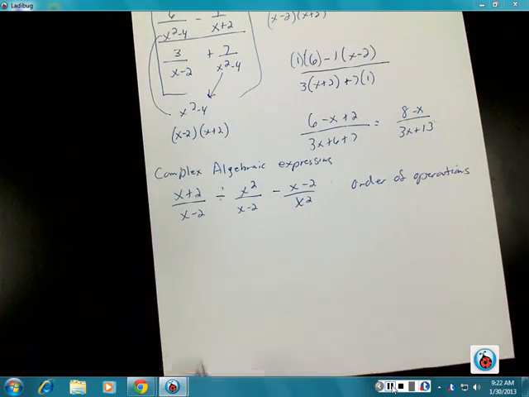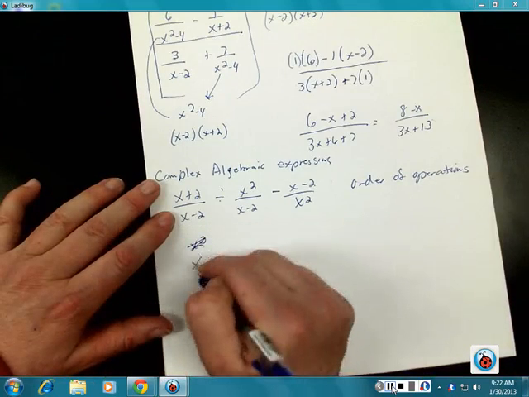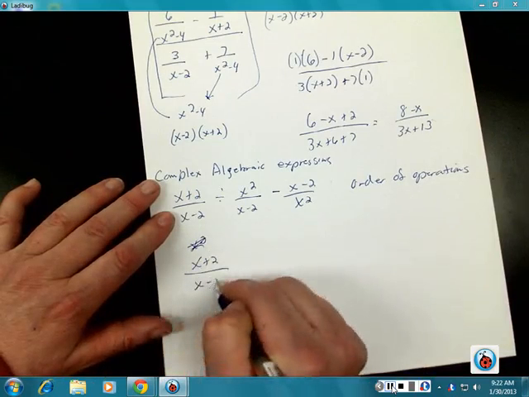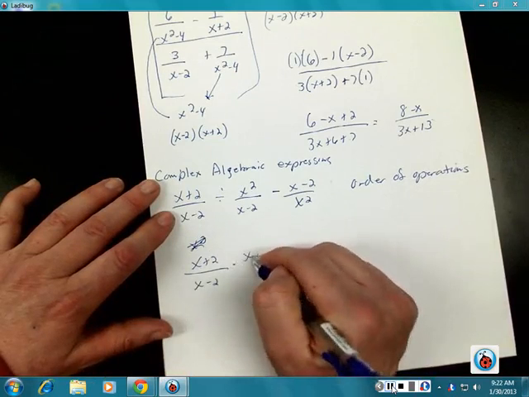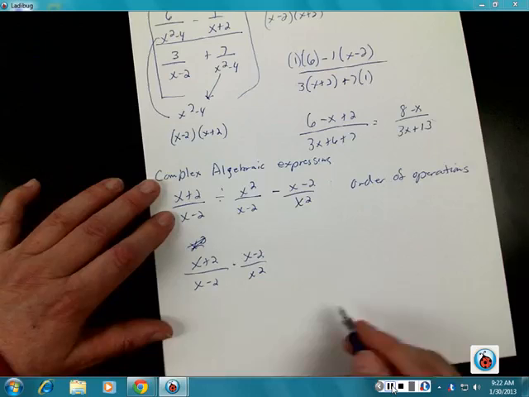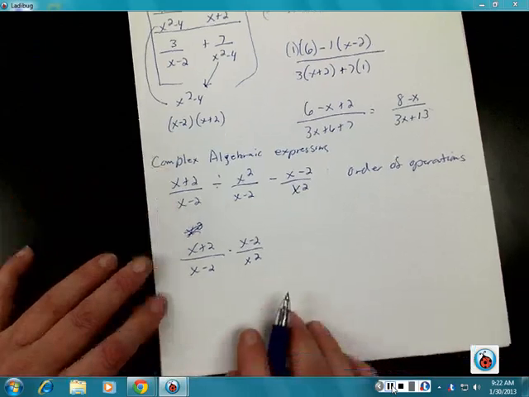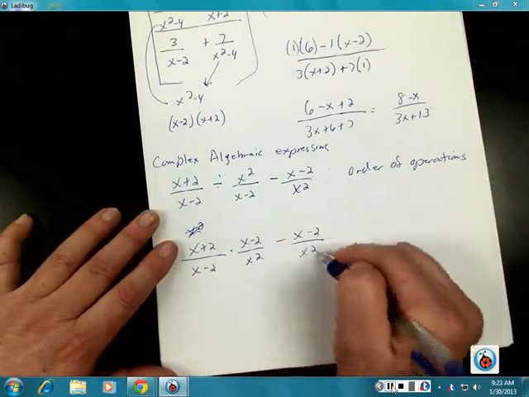Multiplication and division. So I got to do this piece first. That leaves me with x plus 2 over x minus 2 times x minus 2 over x squared. So what comes out of all that? And then I got minus x minus 2 over x squared.